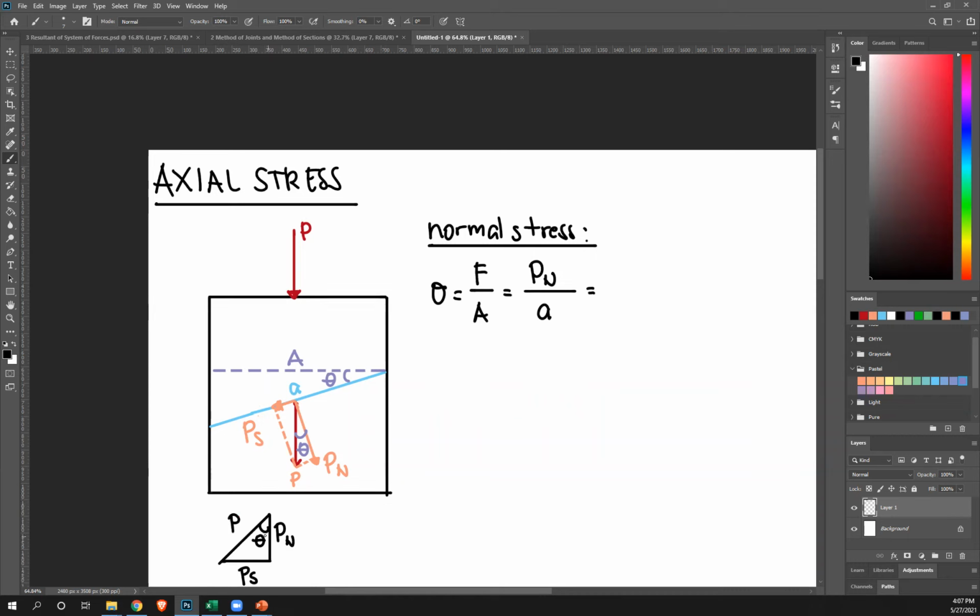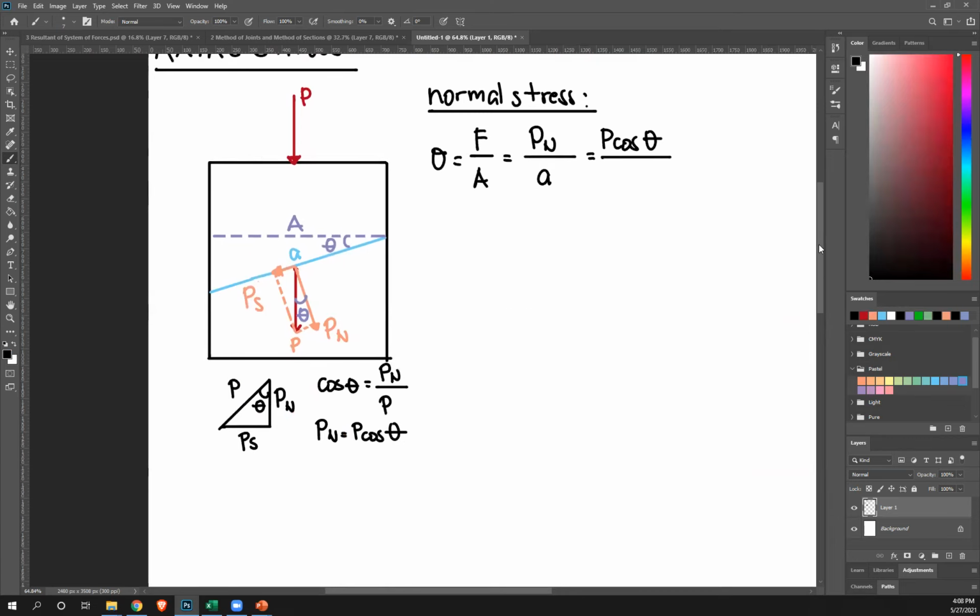I'm given P, I'm given theta, so to get Pn, I can just use cosine. Cosine theta equals adjacent, which is Pn, over hypotenuse, which is P. So Pn is just P cosine theta.